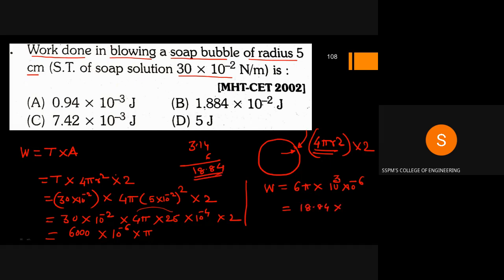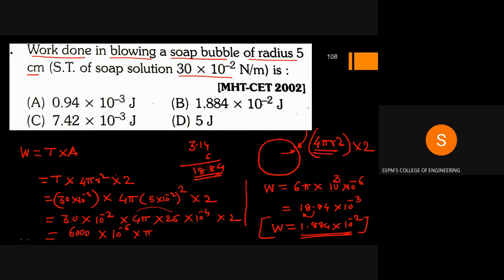Into 10 to the power plus 3 minus 6, so it is minus 3. The base is the same, so add the powers. For the correct option, just shift the decimal place to the left: 1.884 into 10 to the power minus 2. So this is the work done.